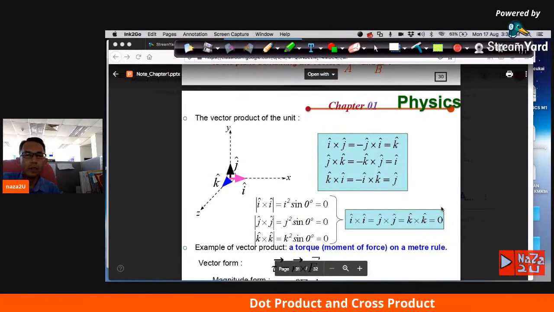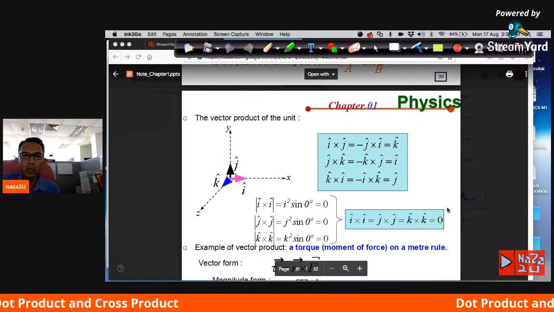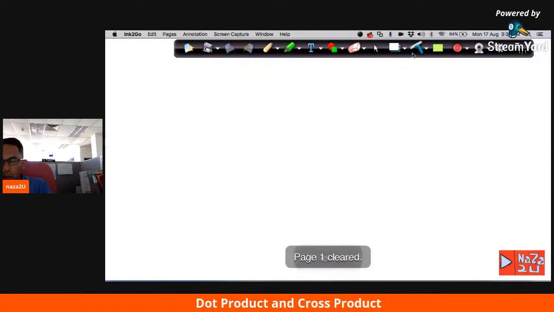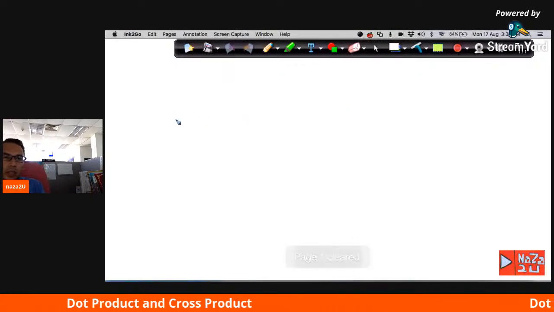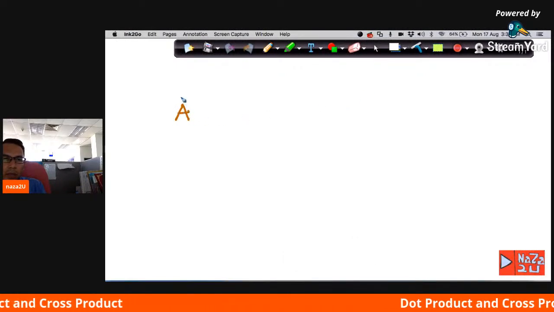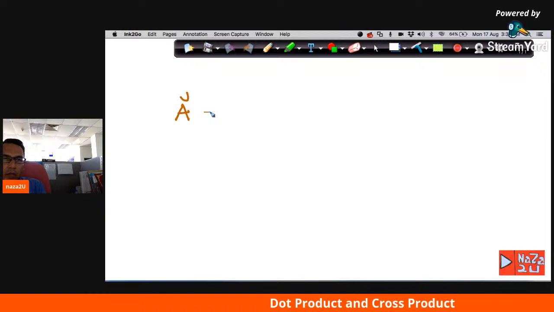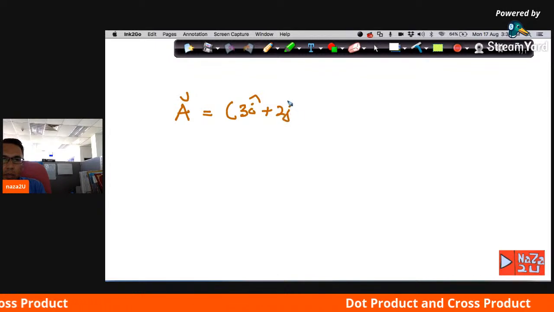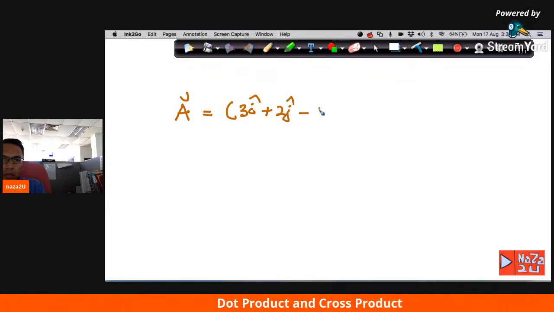To make it easier, I will take one example. Let's say we take one example for the cross product of unit vectors. So let's say we have a vector A equal to 3i plus 2j minus k.